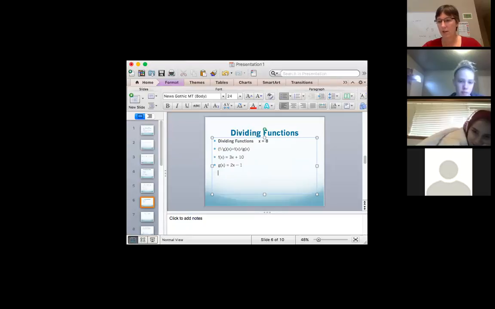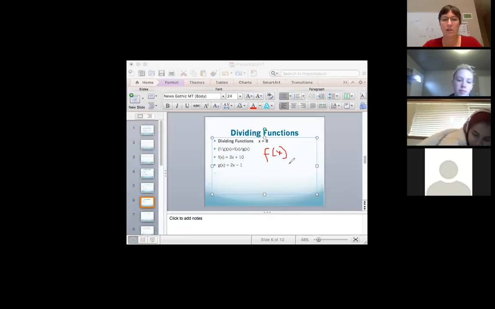let me see if I can find my annotation here. So I know in the lesson they had f of x. How did they write it? F of x.